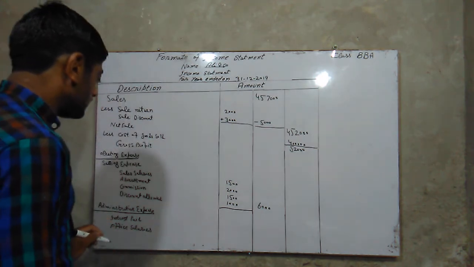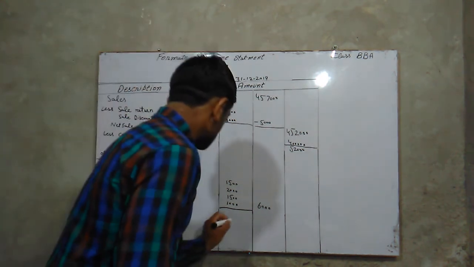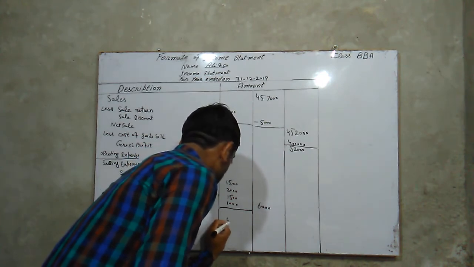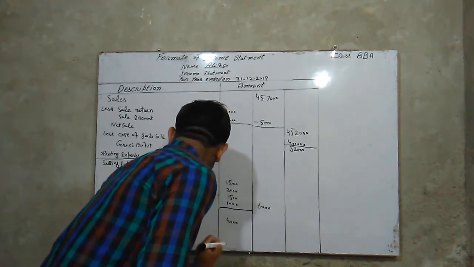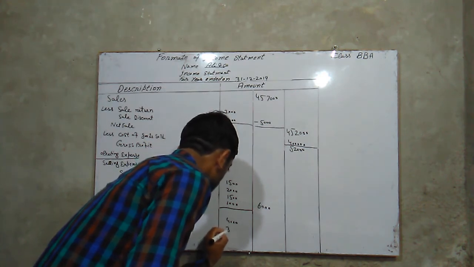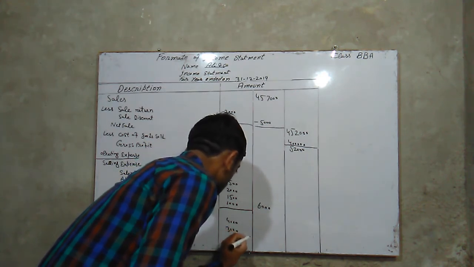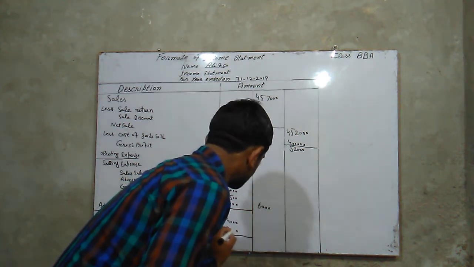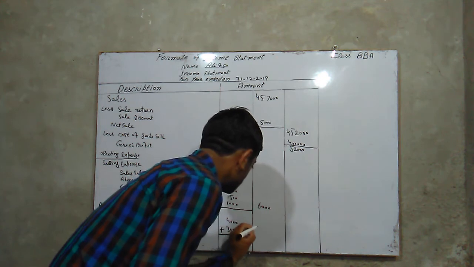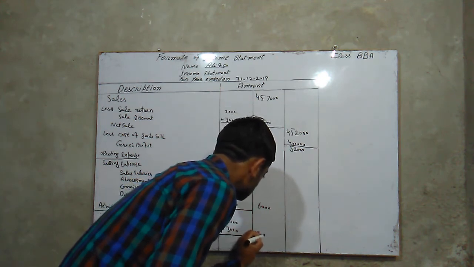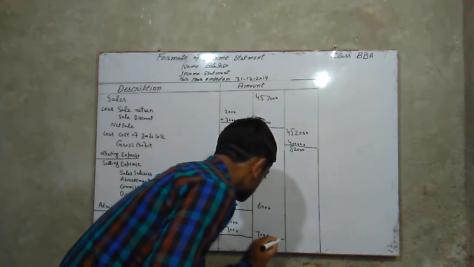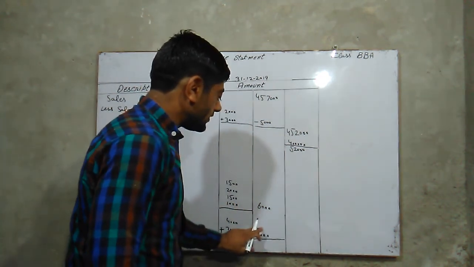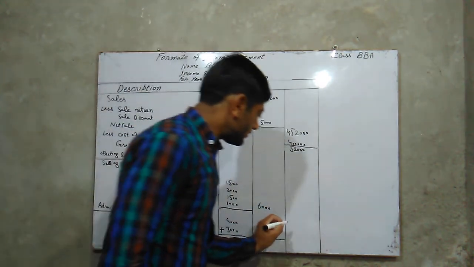So the amount of interest paid is 4000, and office salary amount is 3000. So the total of selling and administrative expense amount is 30,000.